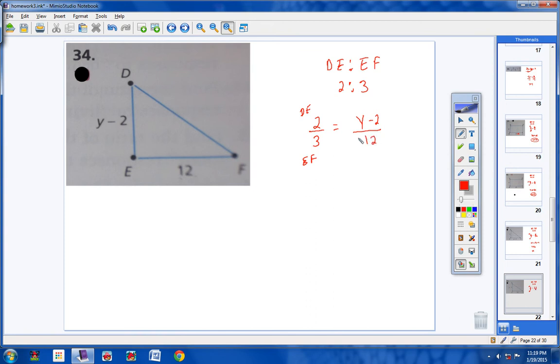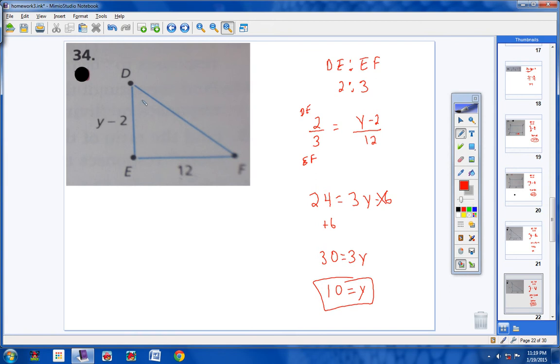So 12 goes in the bottom. 2 times 12 is 24. 3 times y minus 2 is 3y minus 6. Bring the 6 over and make it a positive 6. So we're left with 30 equals 3y. Divide both sides by 3, and 10 equals y. Okay, so there we go. The answer would be 10.